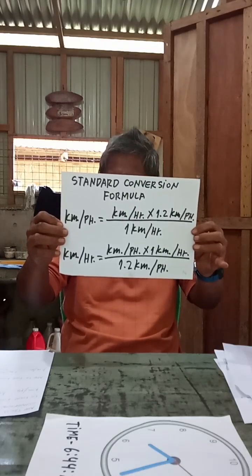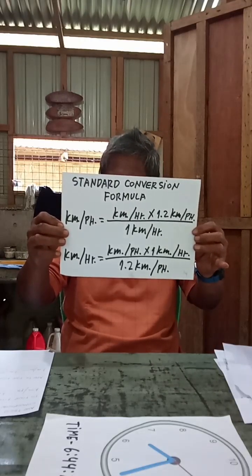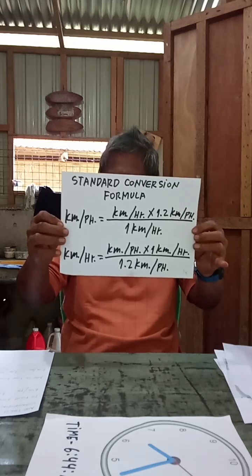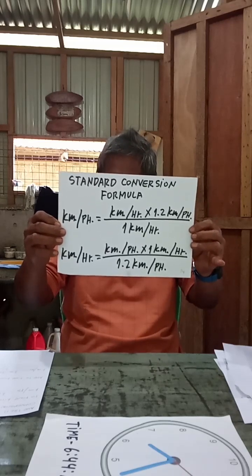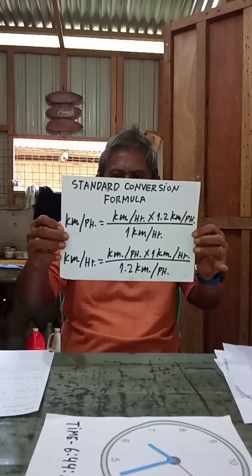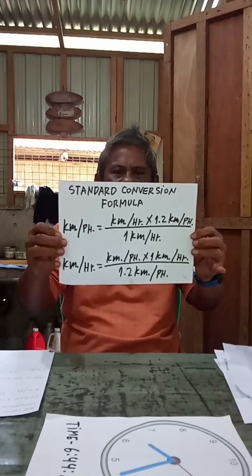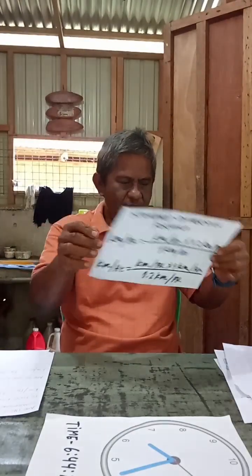And to find kilometer per hour is kilometer per perihour times 1 kilometer per hour over 1.2 kilometer per perihour. So, that's all, and thank you so much.